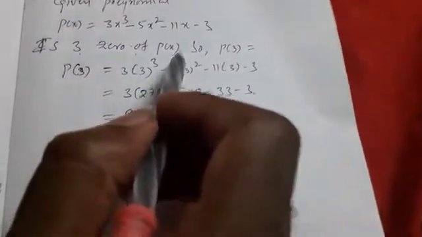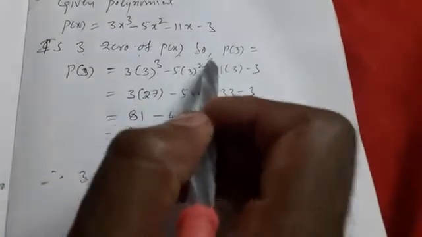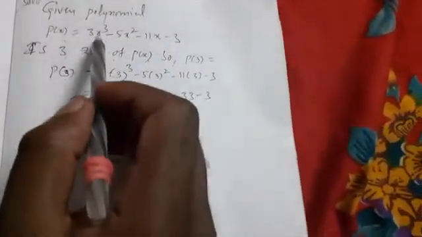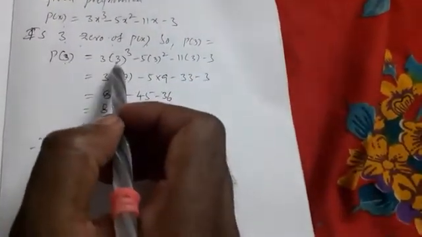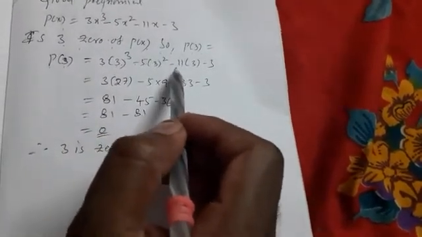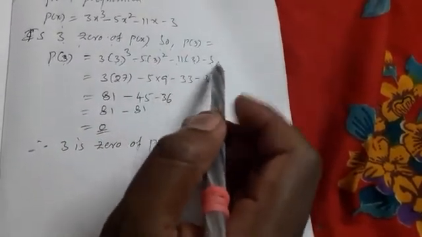So is 3 a zero of P of x? We are going to check. P of 3, because we put 3 at the place of x. P of 3 is equal to 3 into 3 cube minus 5 into 3 square minus 11 into 3 minus 3.